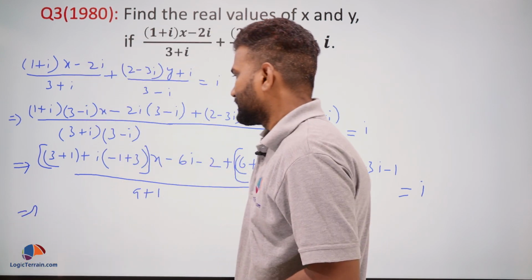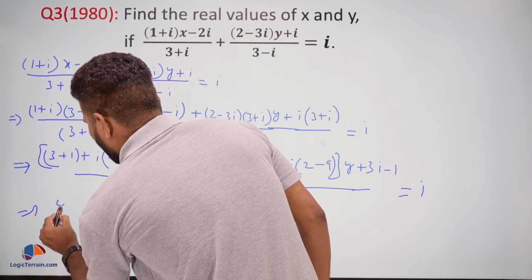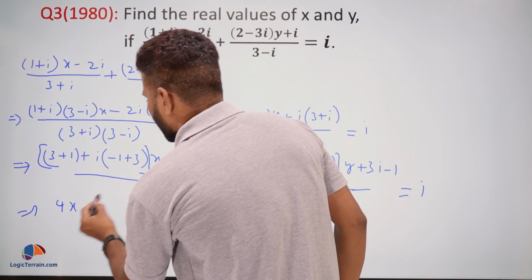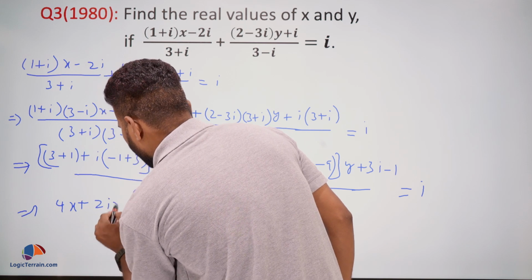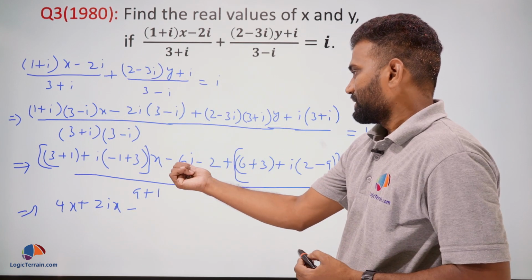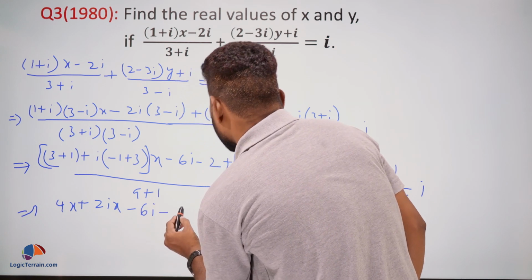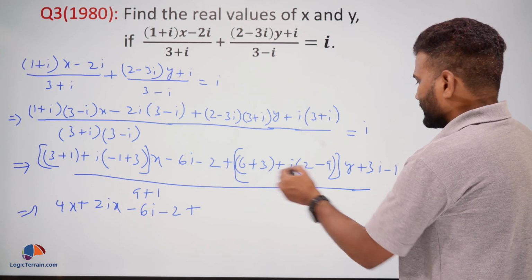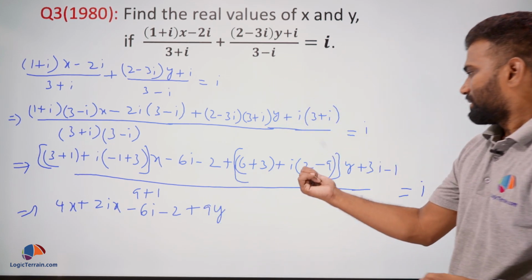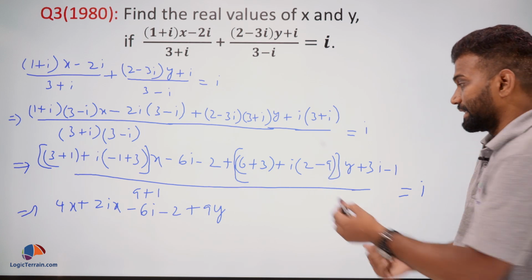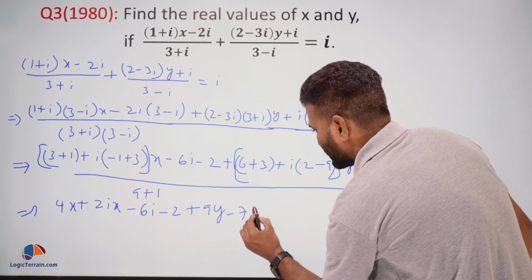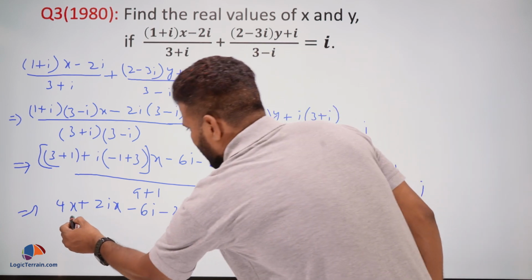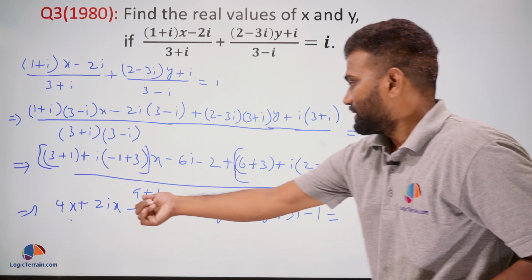So further, 3 plus 1 is 4, 4 into x is 4x, and here negative 1 positive 3, that is 2i into x, plus 2ix minus 6i minus 2, plus here 6 plus 3 is 9, 9 into y is 9y, here 2 minus 9, that is negative 7, negative 7i into y, negative 7iy, plus 3i minus 1, is equal to 9 plus 1, 10.